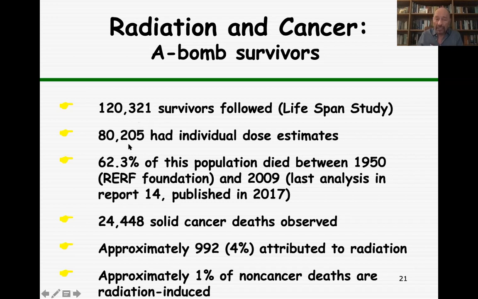So out of these 80,000 people that were with individual dose estimates, 62.3% of this population died between 1950, when the RERF started, and 2009, which is the last analysis in Report 14 published in 2017.